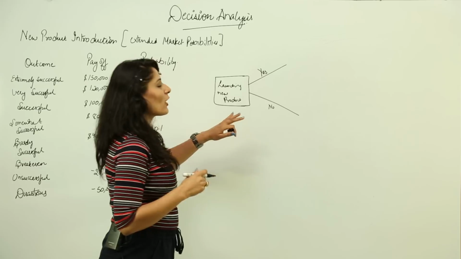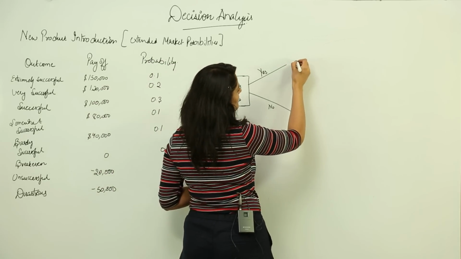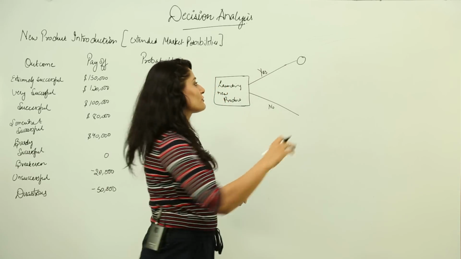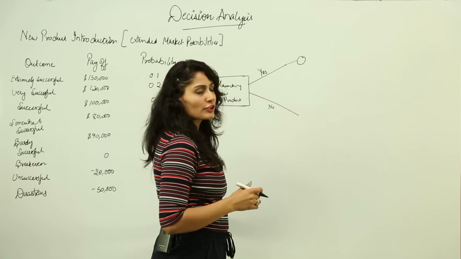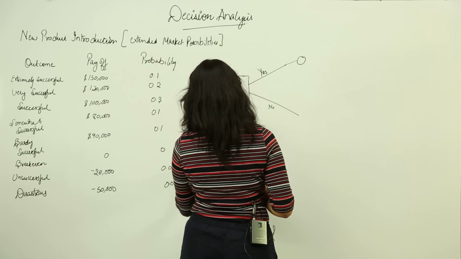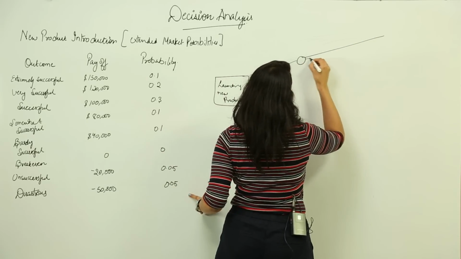So here when I say my optimal decision is yes, the chance will play its role. I will have to make a chance node, and now I have to place all the possibilities which are there, right. So there are 1, 2, 3, 4, 5, 6, 7, 8. So basically there are 8 possible alternatives.